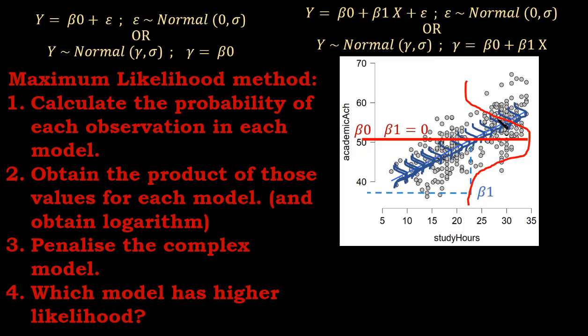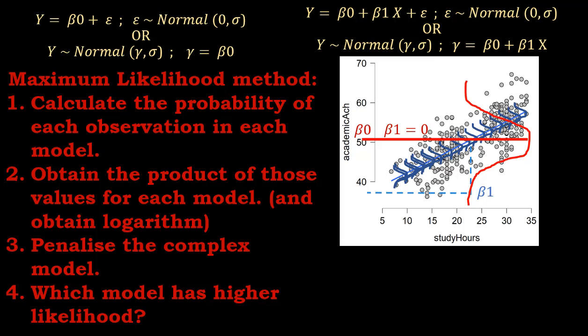So if we overfit the data that we have, then we are really bad at predicting new values, whereas the simpler models are better at predicting those values.